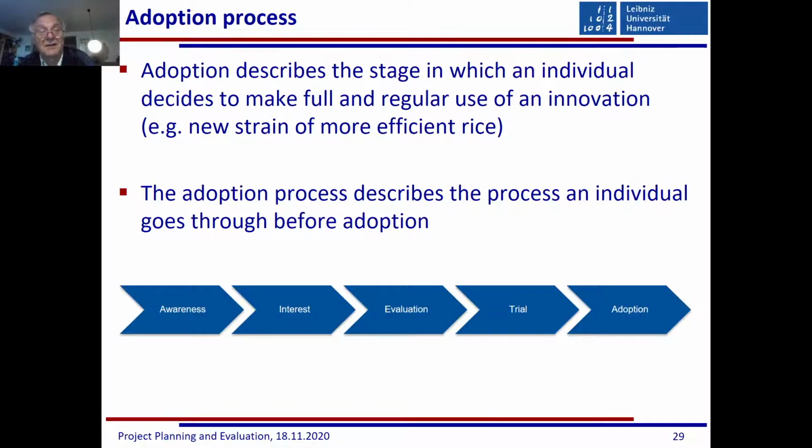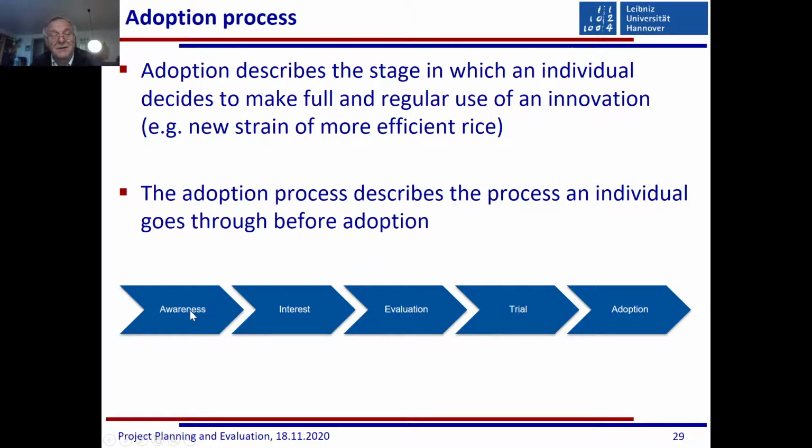The technologies that are not adopted by the final producer, which in our case mostly would be the farmer, you don't need to consider. The adoption process describes the process an individual goes through before adoption. So here we have the steps.